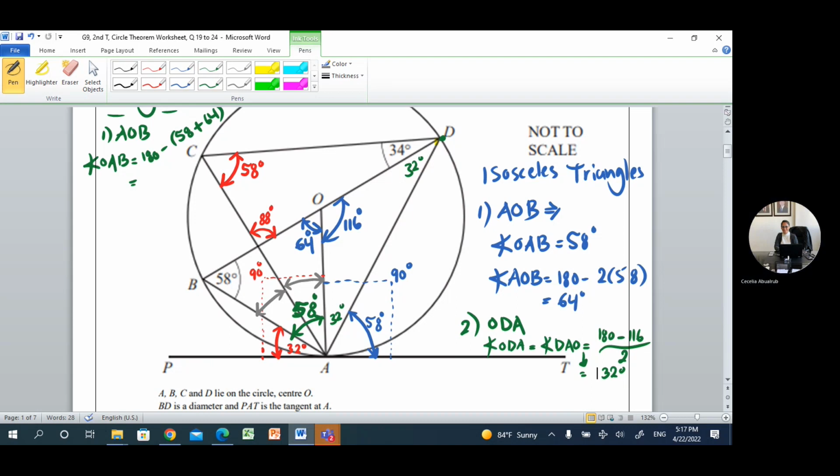So how are we going to find them? A, C, D.